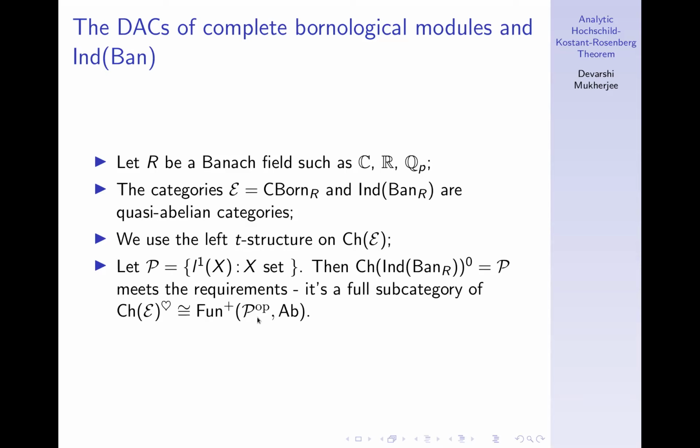That's L1 of X, where X is a set. So these are just summable sequences. Okay, and we spent some time proving that this is a derived algebraic context, so it satisfies all the axioms that are needed.